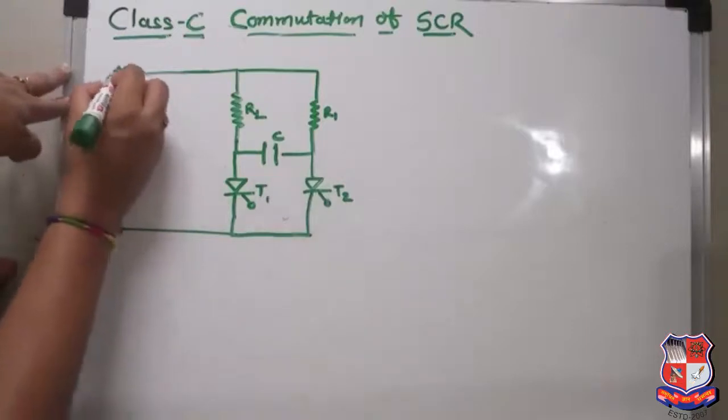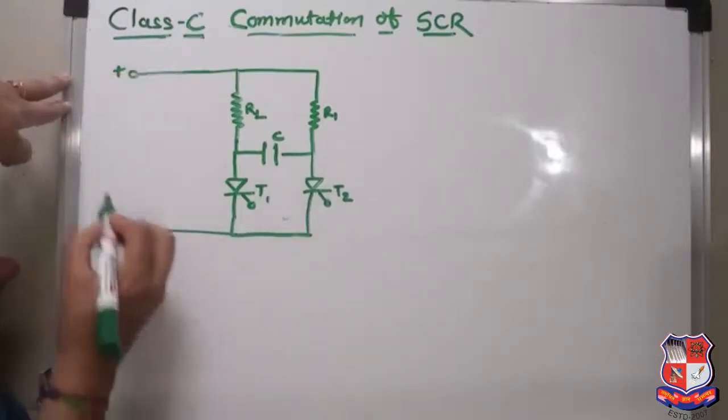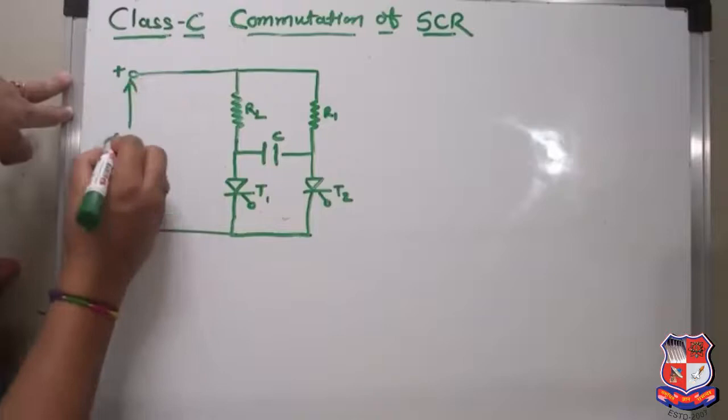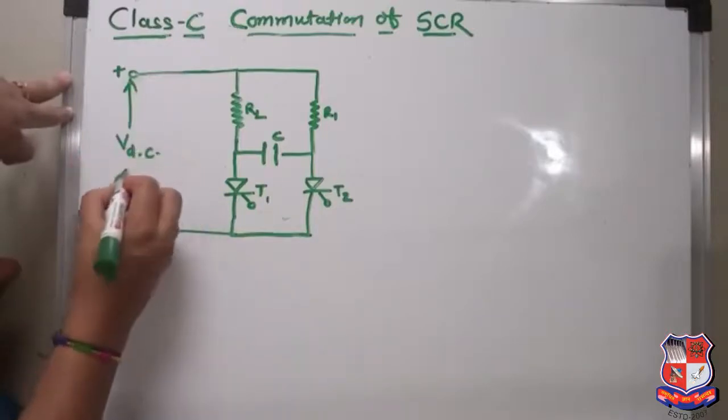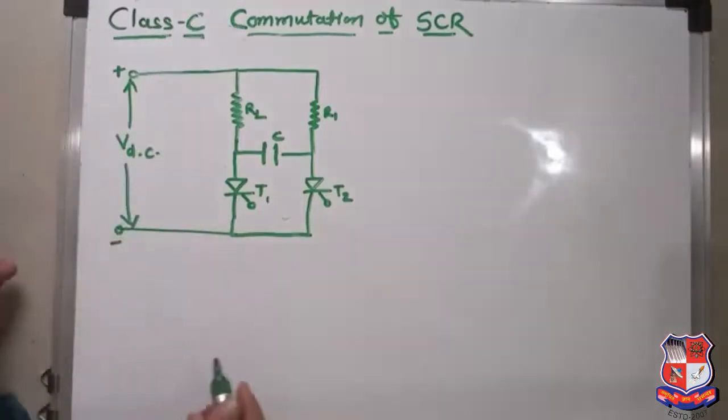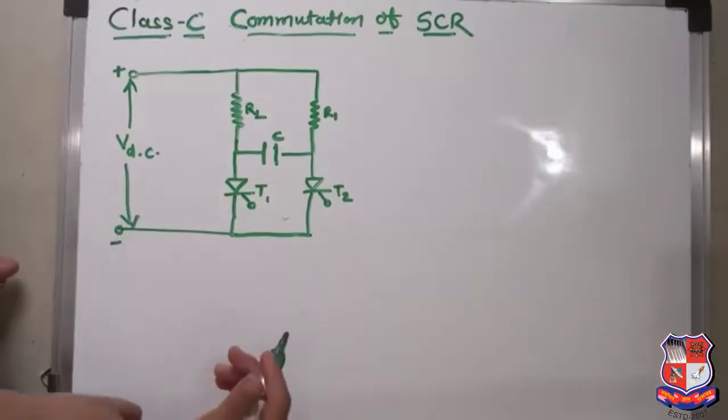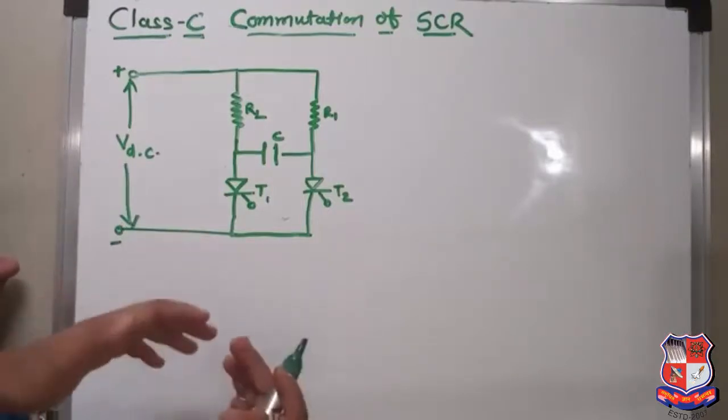Now see here, when this circuit is energized with the DC supply, what will happen? Let's consider the step by step operation.